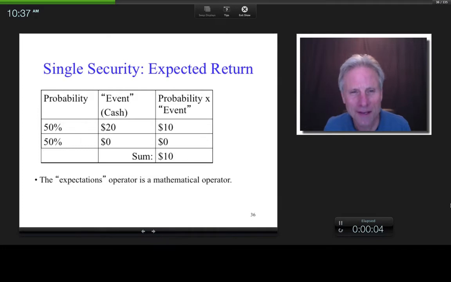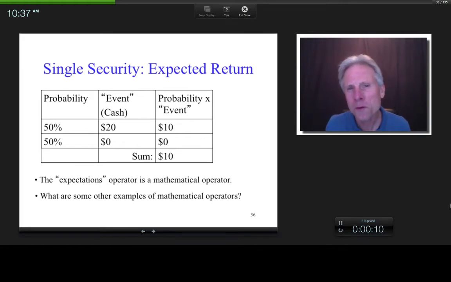Now the expectations operator is nothing more than a mathematical operator. What are some other examples of mathematical operators? Well, you want a clue? How about plus? Is plus a mathematical operator? It is, right? Other examples?